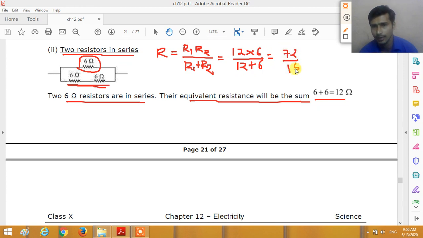So we get the answer 4 ohm. So 4 ohm equivalent resistance is obtained by the combination of two 6 ohm resistors in series with another 6 ohm resistor in parallel. So understand, dear students.